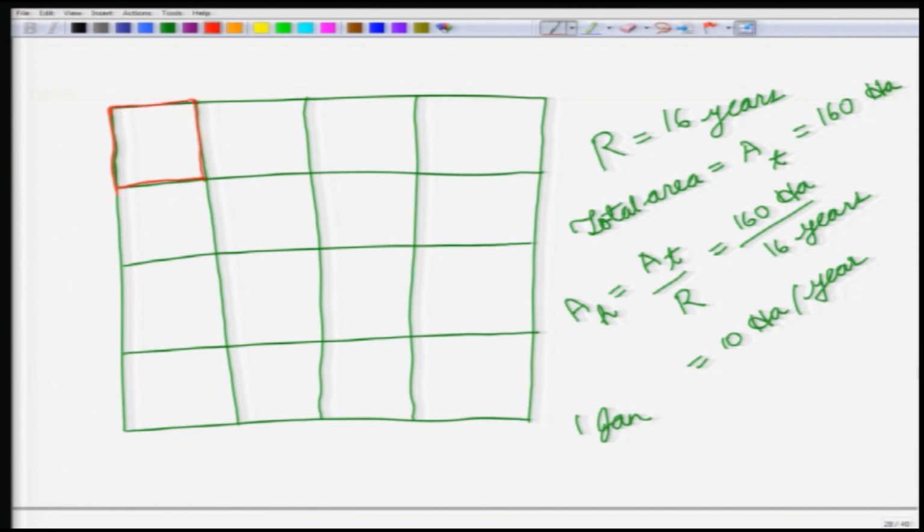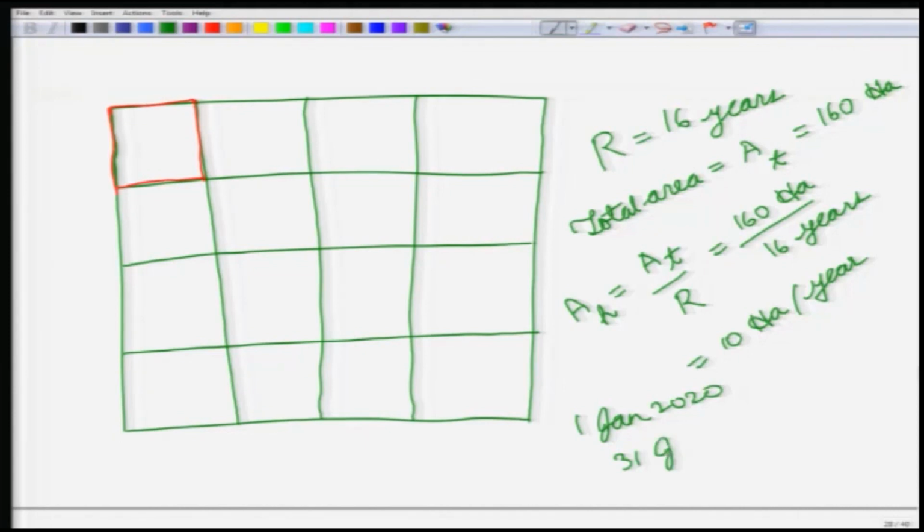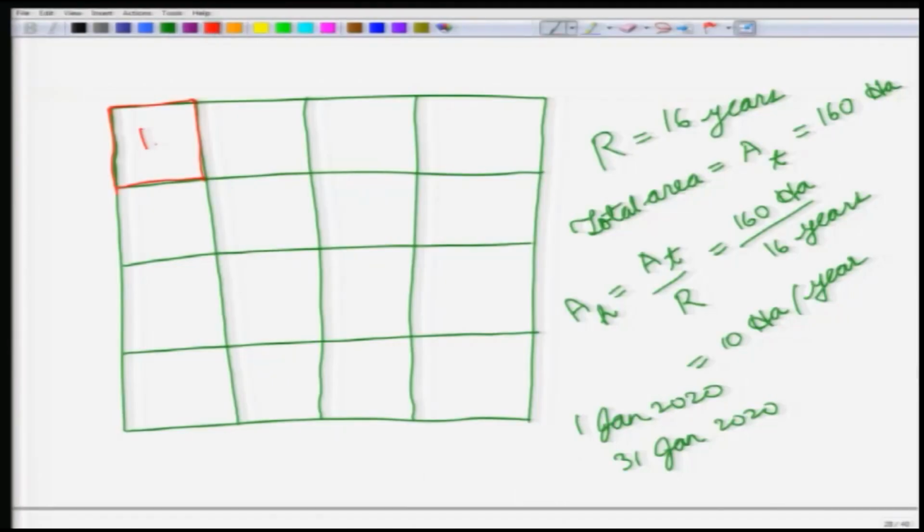So, let us say on 1st of January 2020 you cleared up this section. Now, you sold this timber in the market, you got some revenue. At the end of the first year, that is on 31st December 2020, this section has now completed 1 year. So, any regeneration that was coming up is now of the age of 1 year.